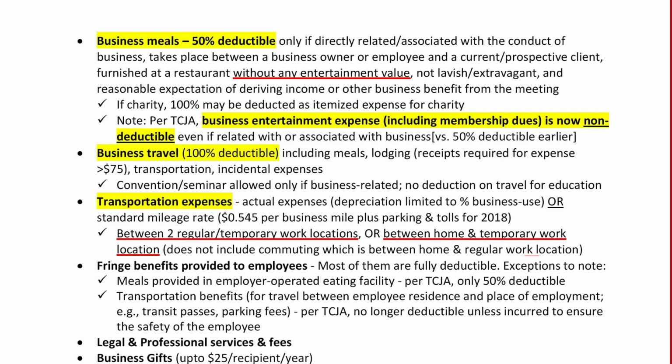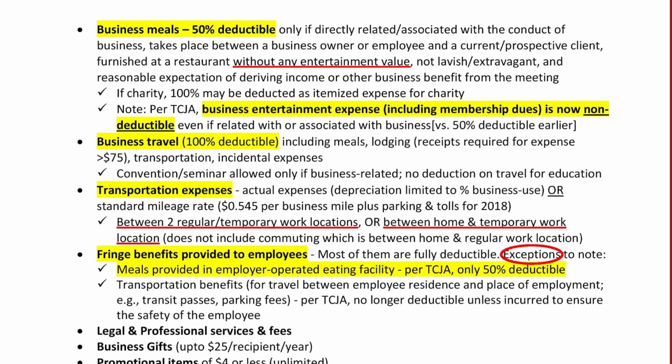So expenses on Schedule C also include fringe benefits provided by the sole proprietorship business to its employees. Most of those are fully deductible. Exceptions: meals provided in employer operated eating facility, which is only 50% deductible.